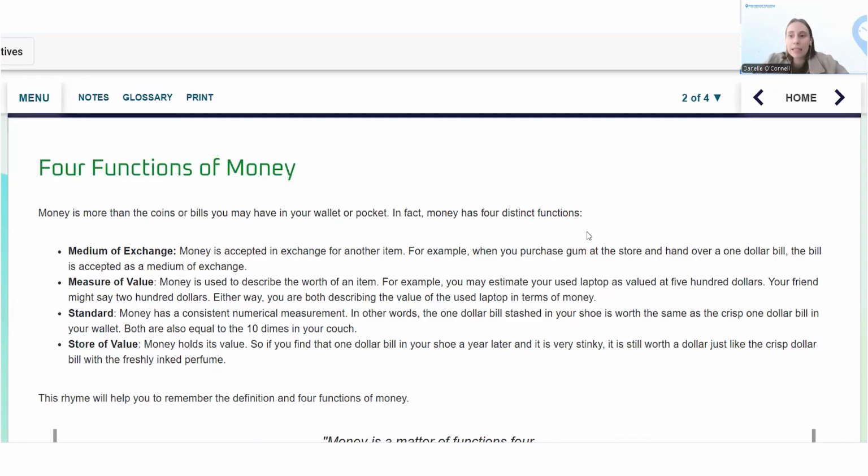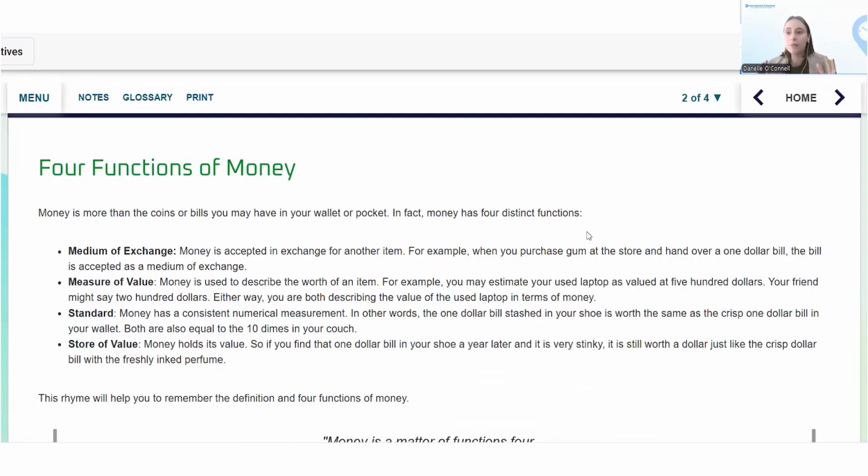We also look at money as its store of value. Now, money holds value. It's very important. It has a purpose in that sense. If we have a $1 bill at the bottom of our couch and it's been there for a year, 2 years, 3 years, 10 years, it is still worth the same $1 that you got yesterday.